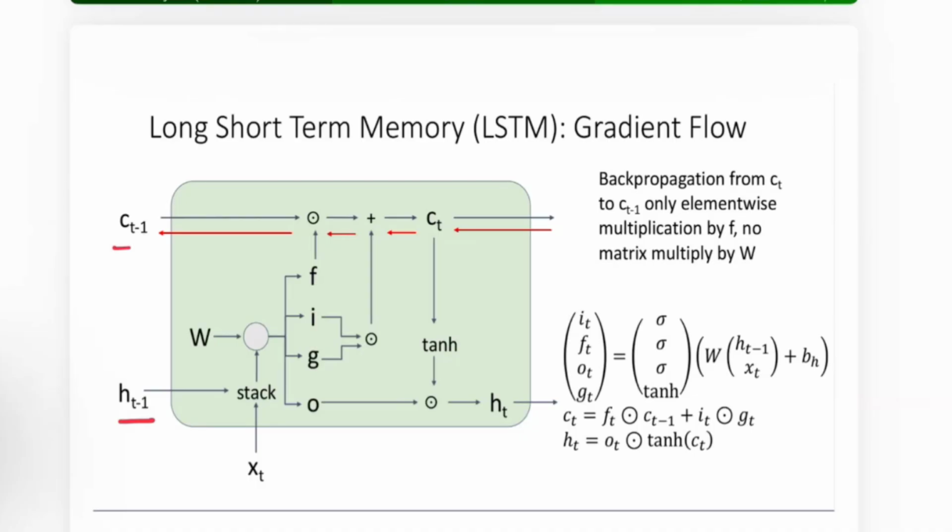Let us ignore the S_t part, because if you find the gradient of S_t with respect to S_{t-1}, since this comes from doing the W multiplication here, there will be involvement of W. And that is the problem, because W gets multiplied every time and we get W to the power n. This was the problem of the vanishing gradient issue.